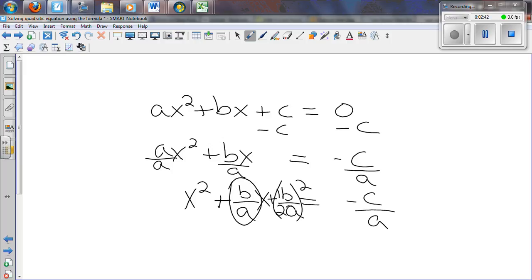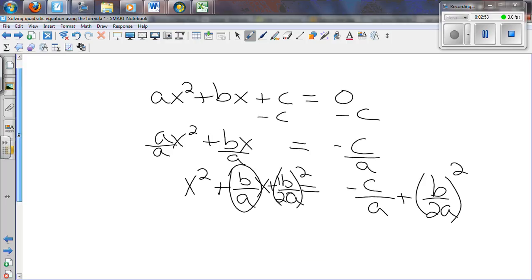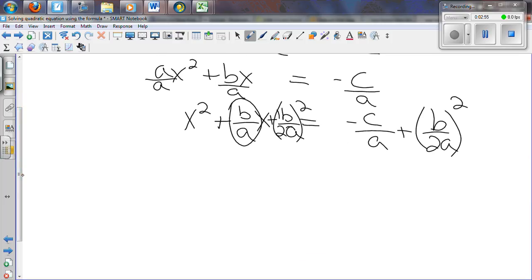I'm going to add that to both sides. Okay, so I've completed the square here so that I can make this simply x plus b over 2a squared.